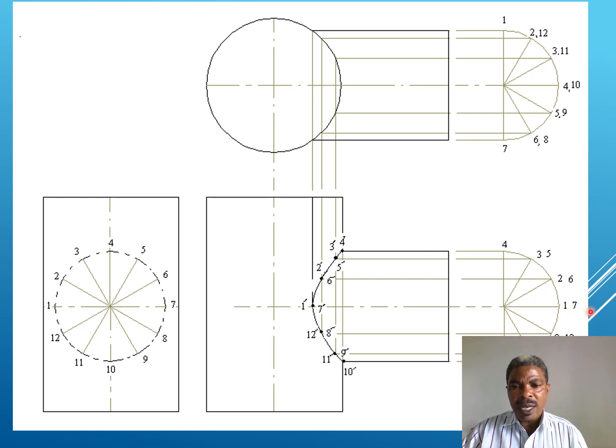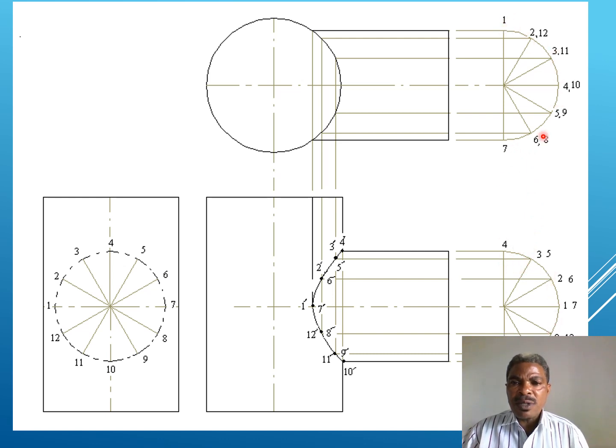They do alter, as you can see. 1 and 7 are at the center for the front view, but for the plan view these points are altered to the ends, and 4 and 10 become the center, which were at the ends of the semicircle. So it's very important to have a semicircle here, likewise for the front view.